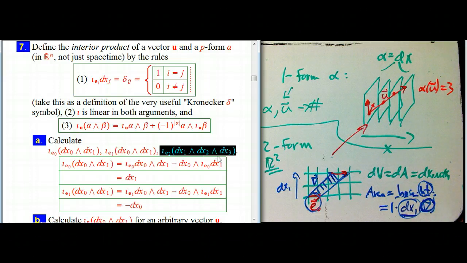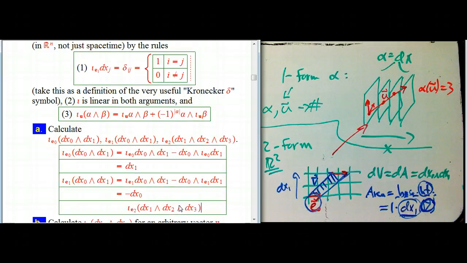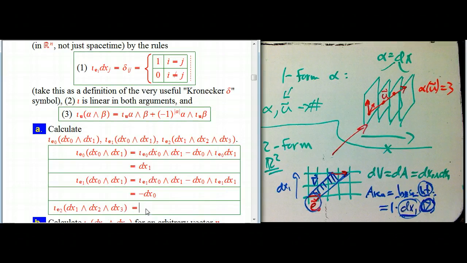Okay. Then, for example, here, i e2 of this guy. Let's do one more calculation just straight up by hand, and then we'll do some more general ones more efficiently. Okay, how would we do this? Well, we could use this rule where the dx1 is the alpha.